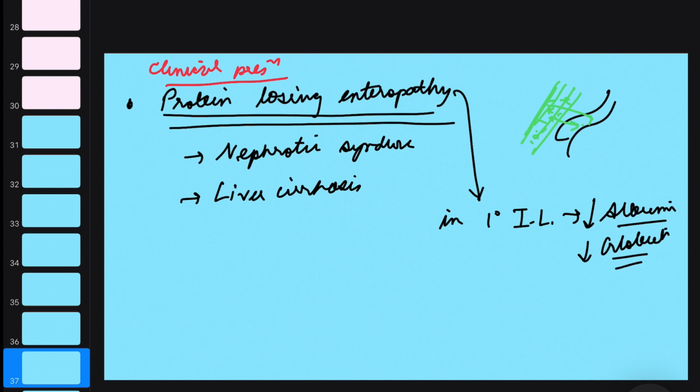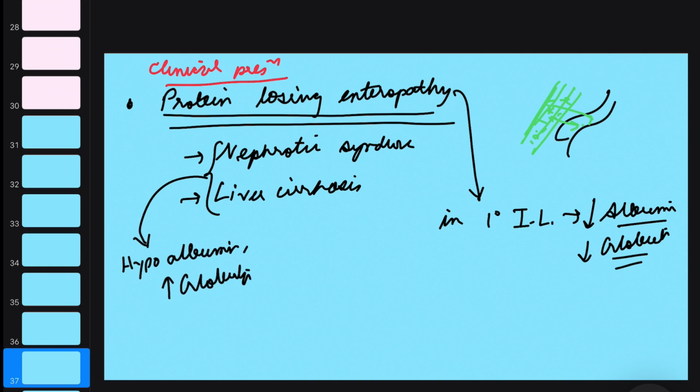But when we are losing proteins in nephrotic syndrome or liver cirrhosis, mainly we get hypoalbuminemia with increased globulin, or we can also get decreased globulin in conditions like multiple myeloma, which is a hematological malignancy. We'll talk about it later.